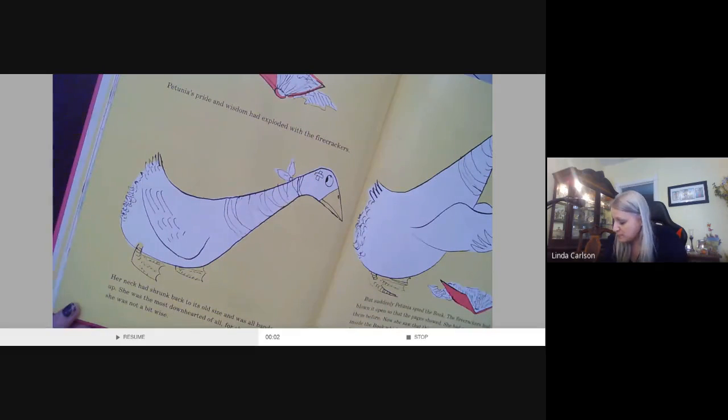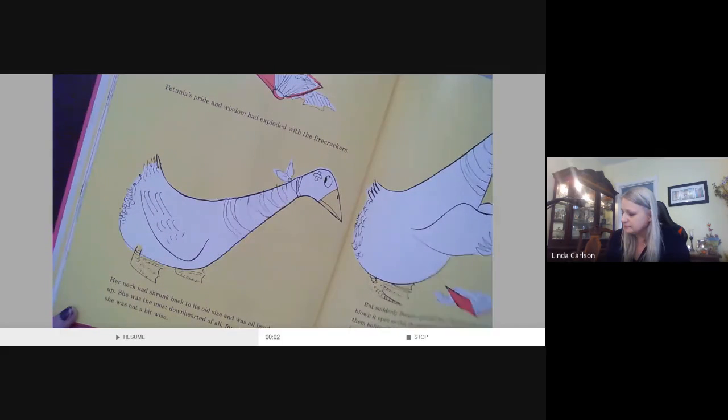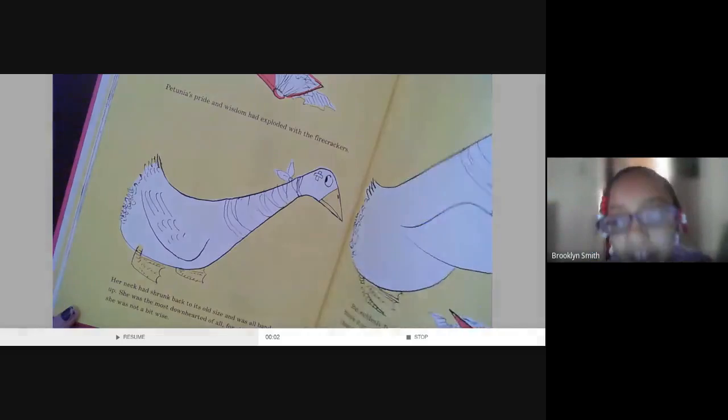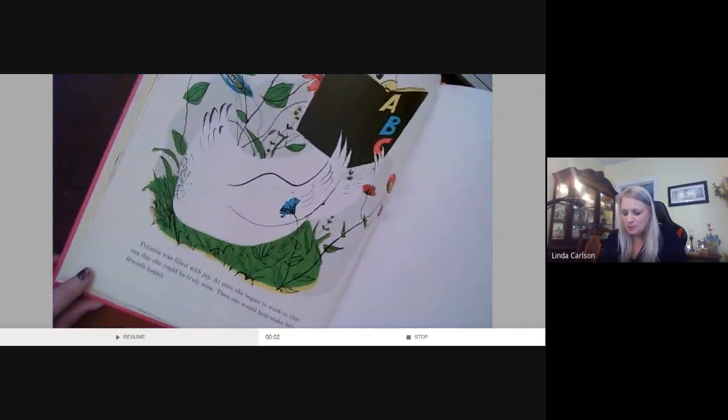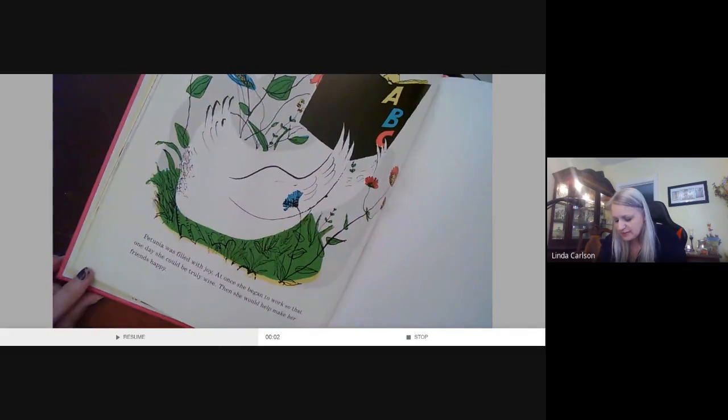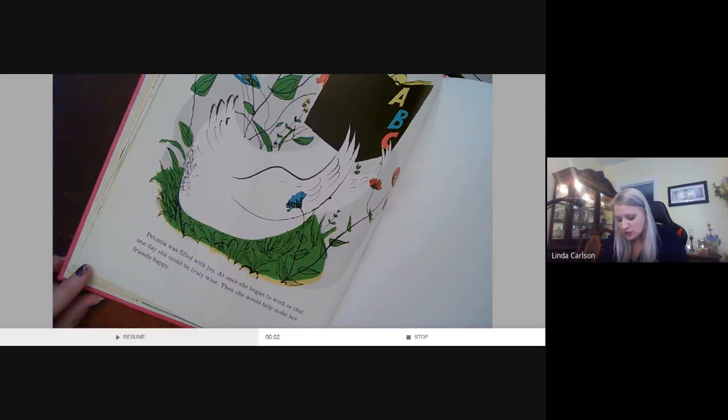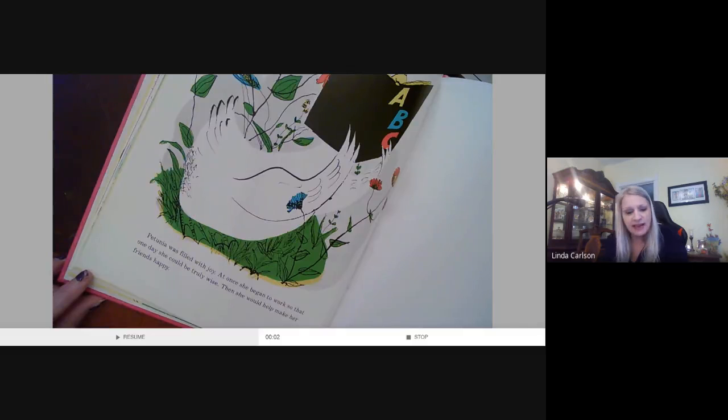I must put it in my mind and in my heart, and to do that, I must learn to read." Petunia was filled with joy. At once she began to work so that one day she could be truly wise. Then she would help make her friends happy. The end.